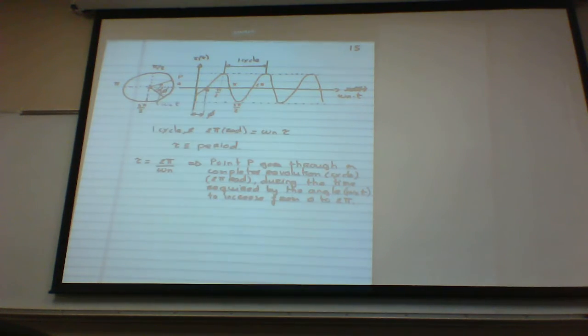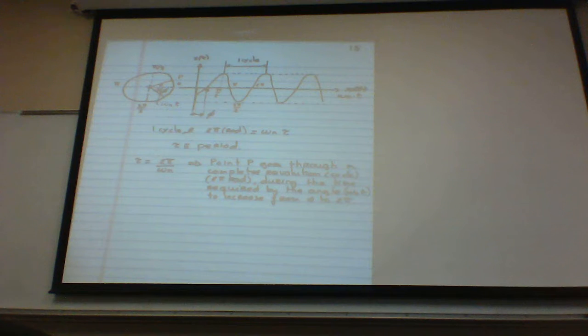I believe. Okay, correct. So it would be this line over here. Can you see it or not? That would be the angle omega t.